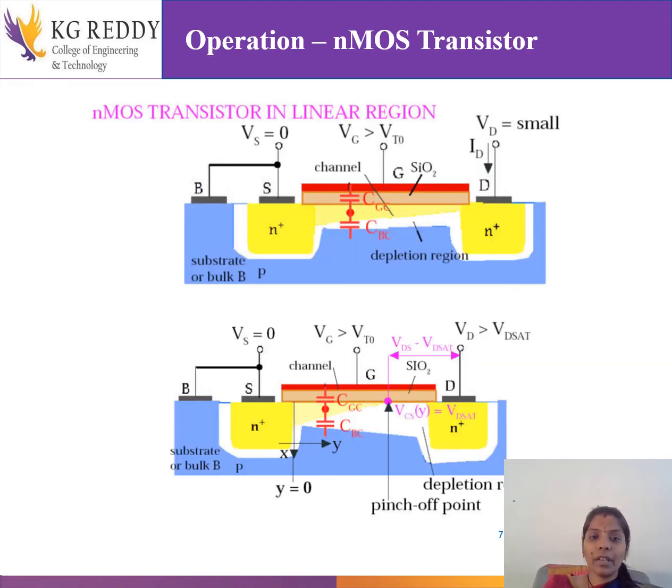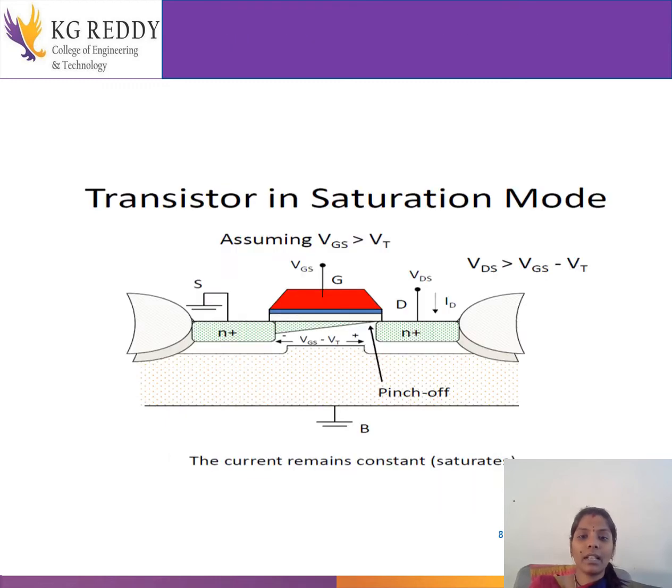Okay, operation of an NMOSFET in the linear region, how this is happening, is shown here. And one more representation for the inversion is the linear region. Why it is said to be linear, I'll let you know.